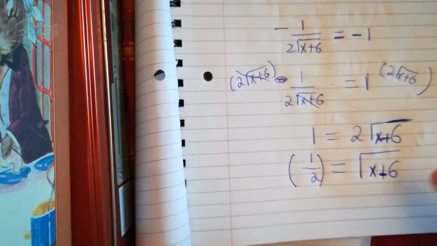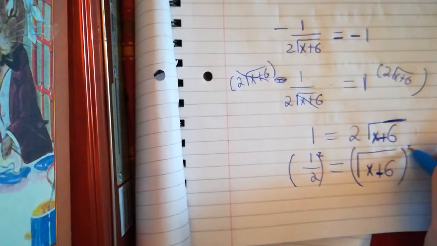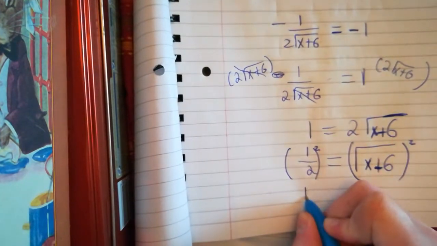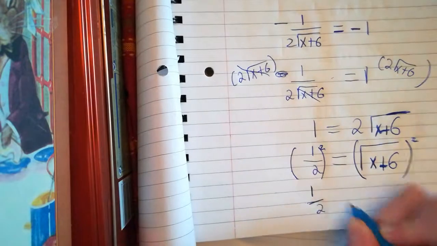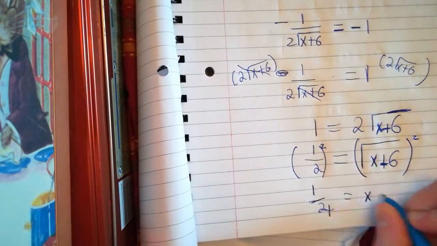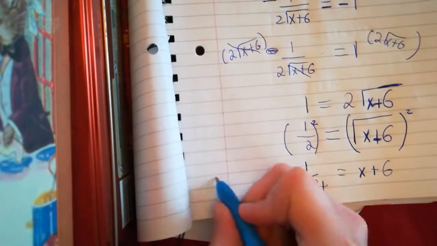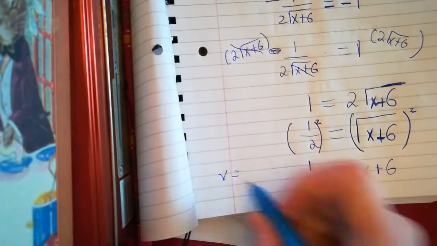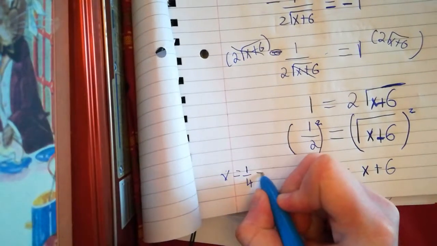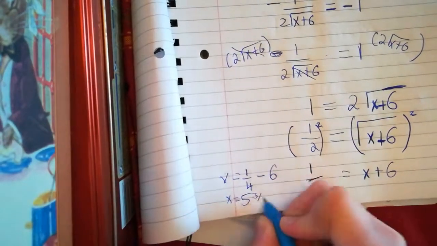If I want to get rid of my square root, I can square both sides. So a quarter is equal to x plus 6. So then I move my 6 over to this side. So x is equal to a quarter take 6, which will be x is equal to minus 5 3/4.